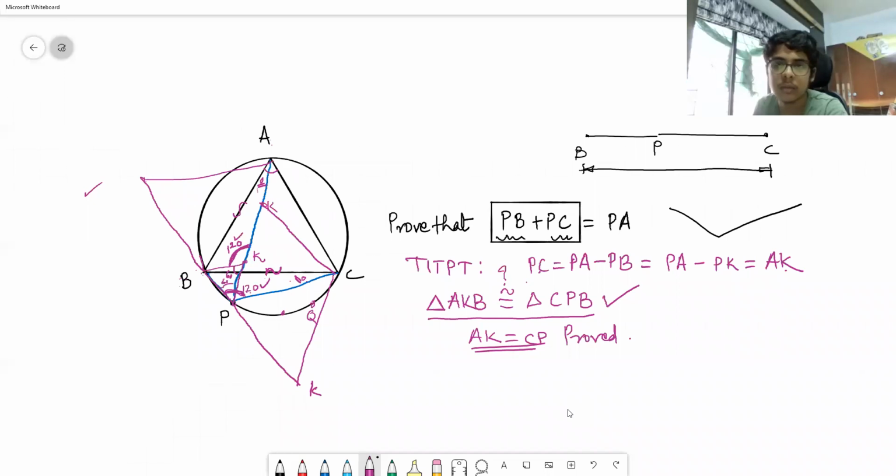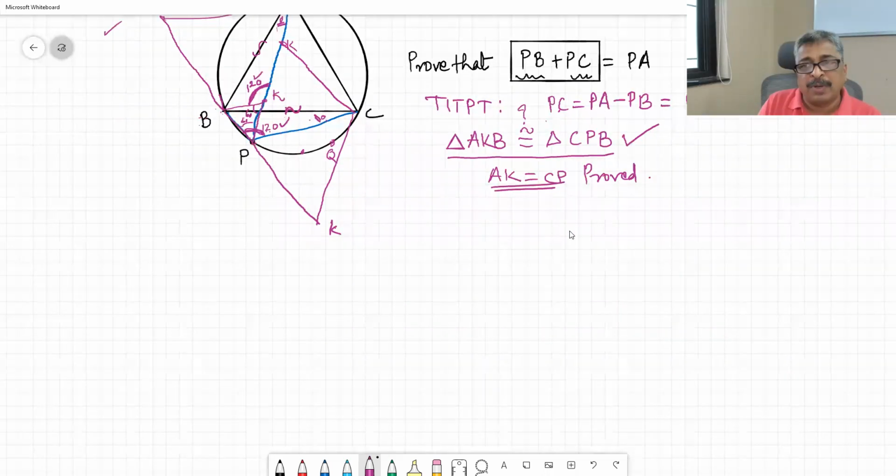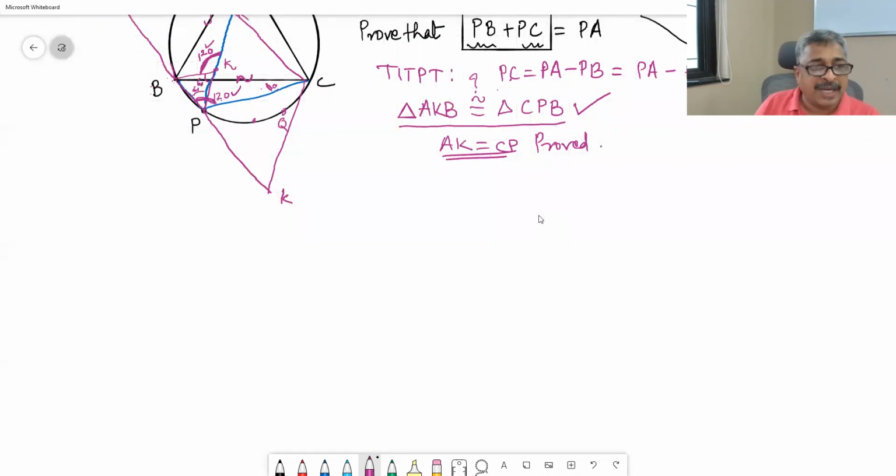Let us write the next problem. The next problem is celebrated. In a cyclic quadrilateral, I did not draw the cyclic quadrilateral and I did not draw the circle. I should draw a quadrilateral in the cyclic quadrilateral, but it should not look like a special quadrilateral. Still it should be cyclic.